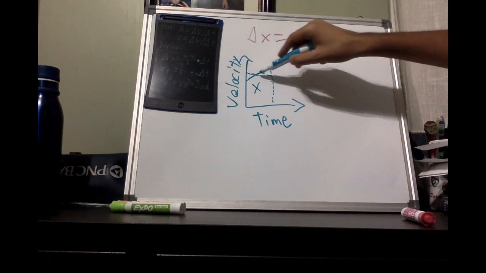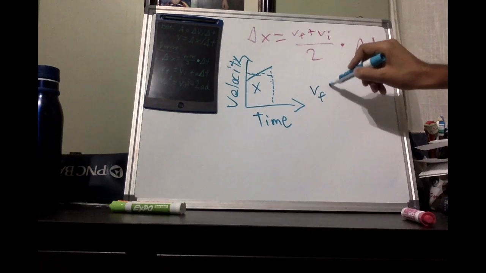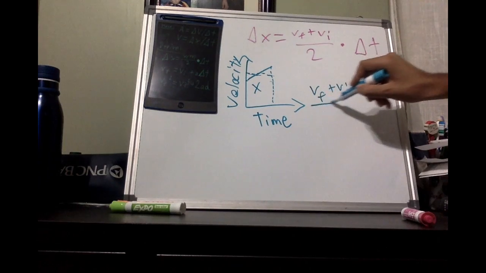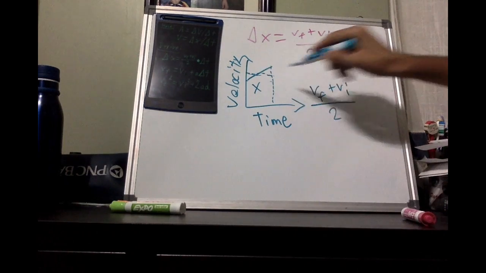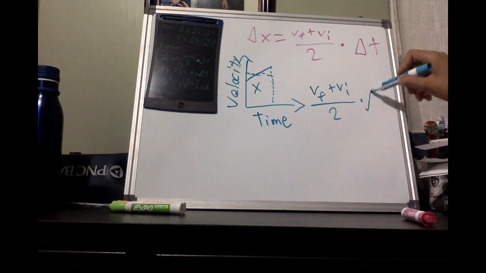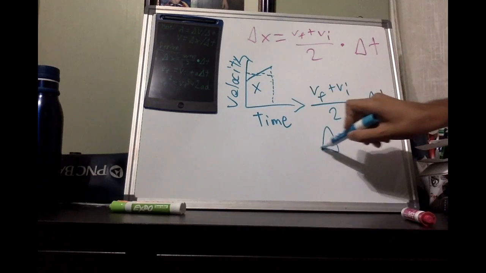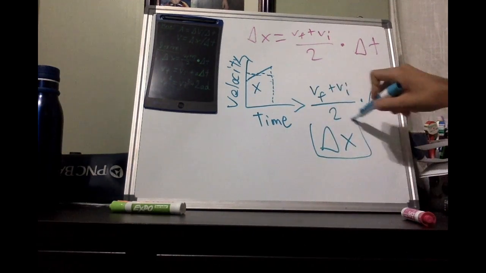Now what we did to get that line was average the velocities. So that's why we have this. We found the average of the final velocity and the initial velocity, and then we multiply this by time to get this area, which is displacement.